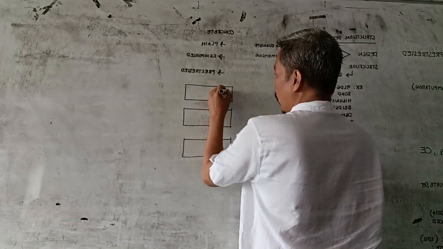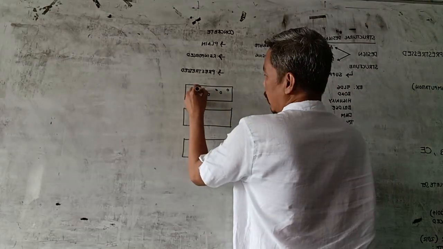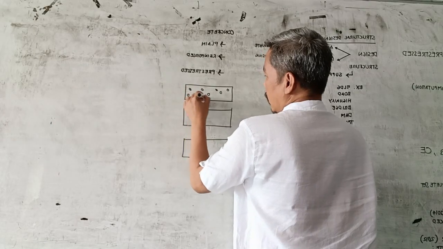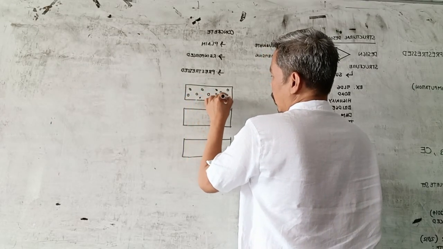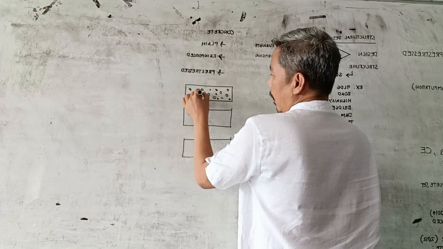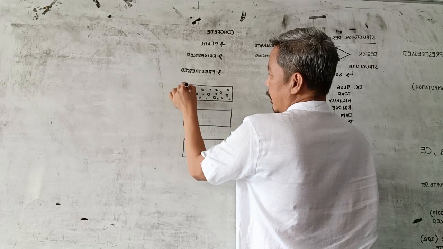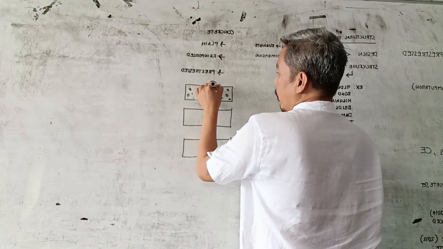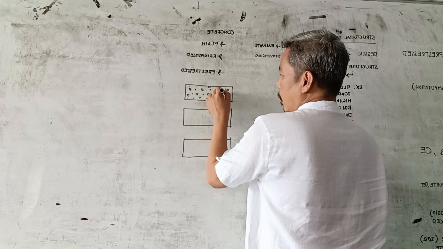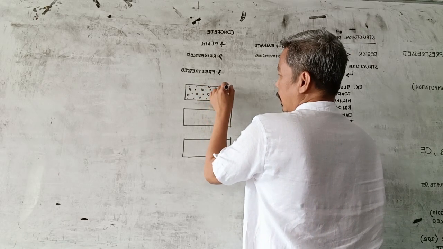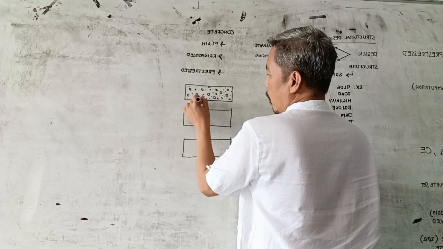So it's a symbol for cross-sectional concrete like this, randomly put, a representation of the material: gravel, sand, and what?